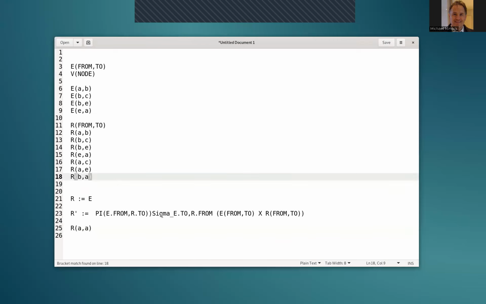Anyways, I hope you see that if we keep cranking this thing around and around, we're going to fill this thing to the brim. R is going to get filled with the full reachability relationship. If the graph had paths that were 1,000 elements long, and they finally looped around again, it would eventually find them as it was doing this.